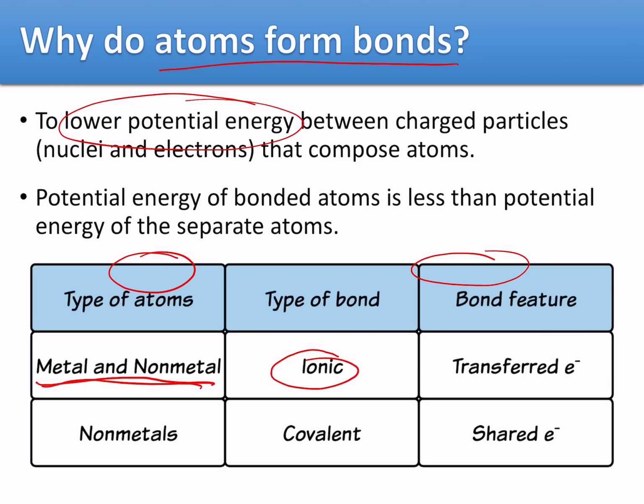The main feature of this ionic bond is that the electrons are being transferred. There is one element that will completely lose electrons. Sounds familiar? And there is another element that will completely gain electrons. So there is a full transfer of the electrons. Now, when you have non-metals reacting with each other, they tend to form a covalent bond.